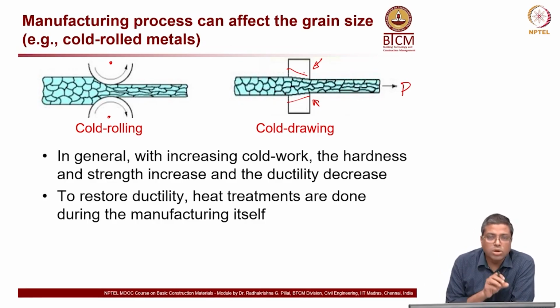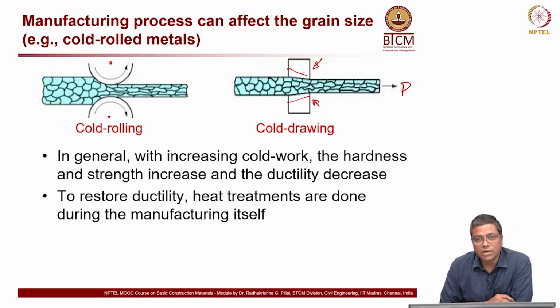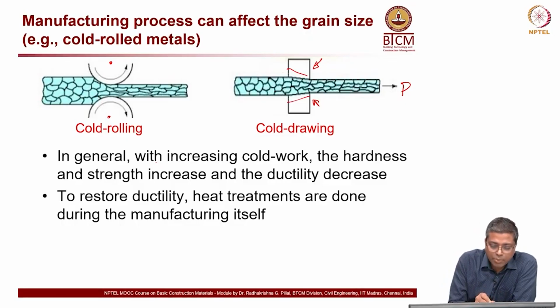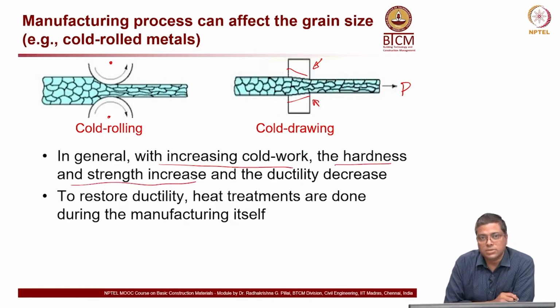So, cold rolling and cold drawing are two different processes, but the objective is kind of similar, mainly to increase the yield strength. That is typically what we do this for. This process changes the microstructure, and in general what happens is, with increasing cold work, the hardness and strength increase, and the ductility decreases.